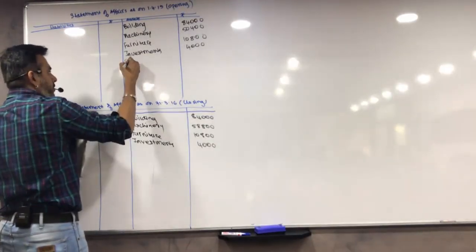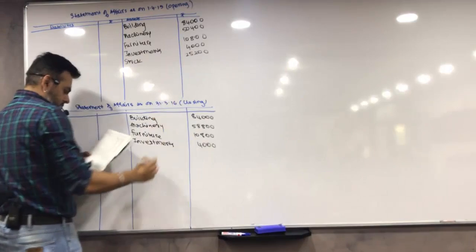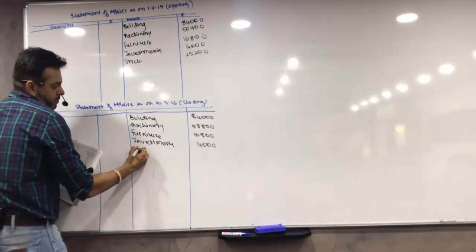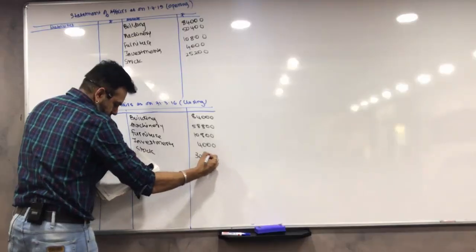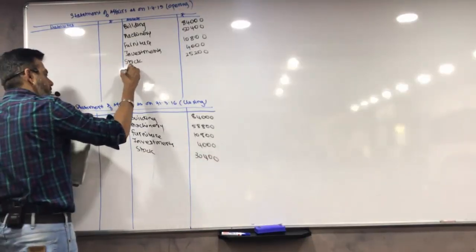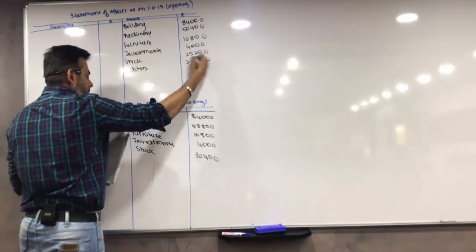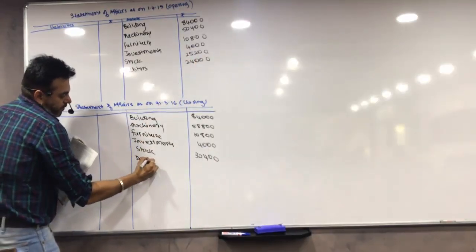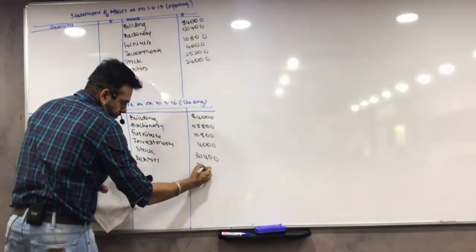Stock, 25,200. 30,400. Debtors, 24,000. Debtors, 26,000.